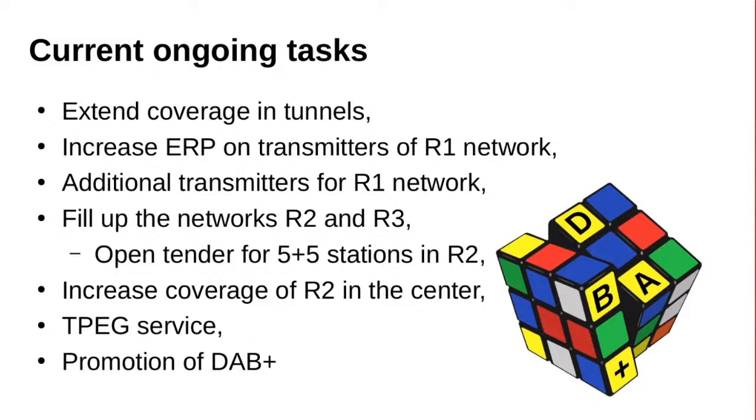Maybe something interesting in Slovenia: the European directive regarding DAB receivers in cars has not yet been implemented. We had some difficulties with our parliament, because this has to be done in a change of the law for radio communication, and this law was not accepted and is now in procedure.